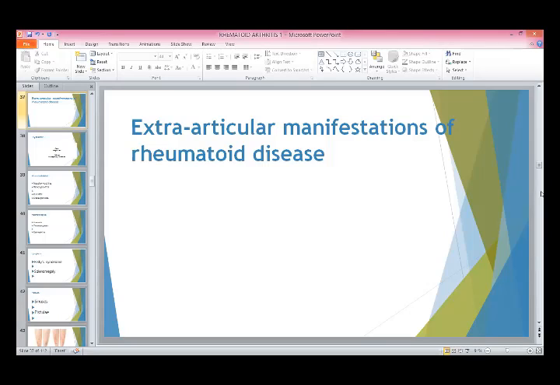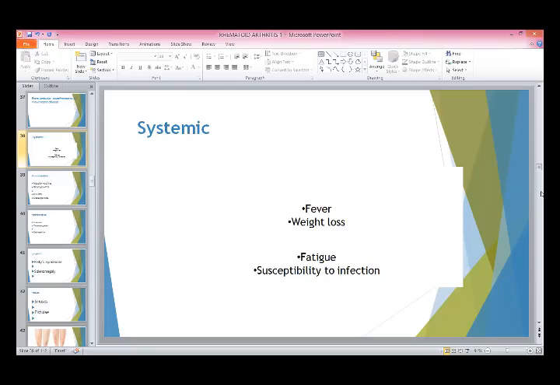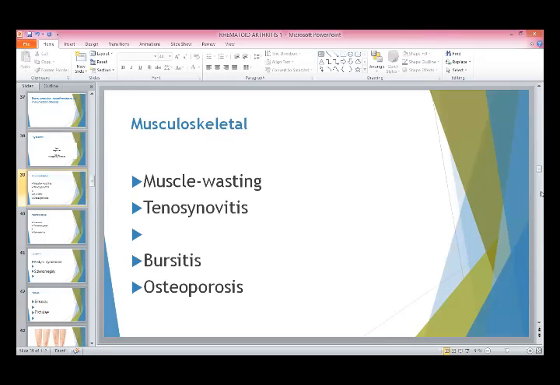Extra-articular manifestations of rheumatoid disease. Systemic features: the patient has non-specific features, fever, weight loss, fatigue, then susceptibility to repeated infections. Musculoskeletal involvement that leads to muscle wasting, tenosynovitis, bursitis, and osteoporosis.